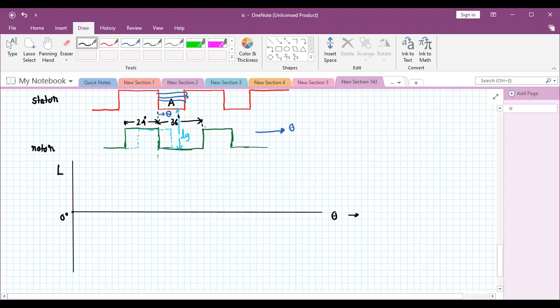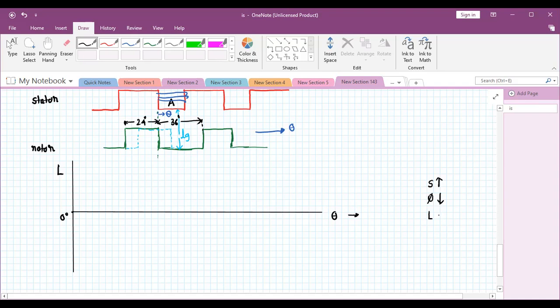If the original position is there, reluctance is high, yes or no? Original position means this position, the hard green line. So reluctance is more. If the reluctance is more, flux is less.